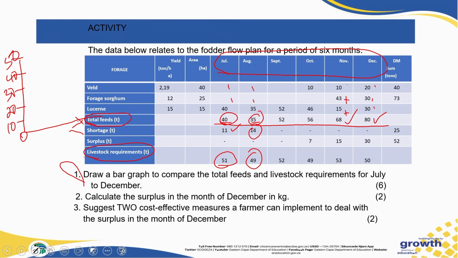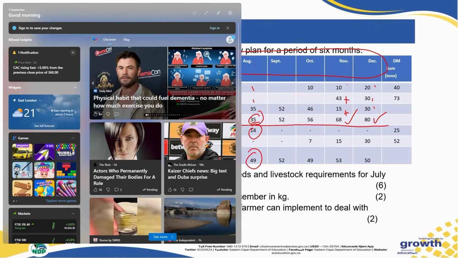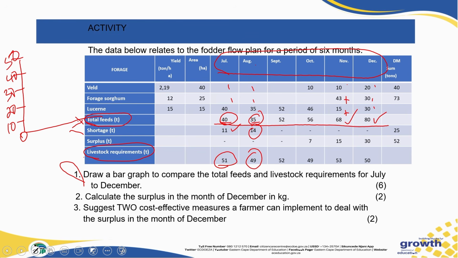So this is your y-axis, and you will put the total feed and the livestock requirements on this side. And then on this side you will put months. Then your July, August, September.